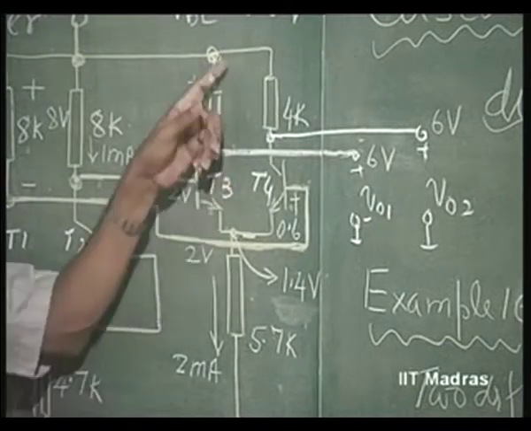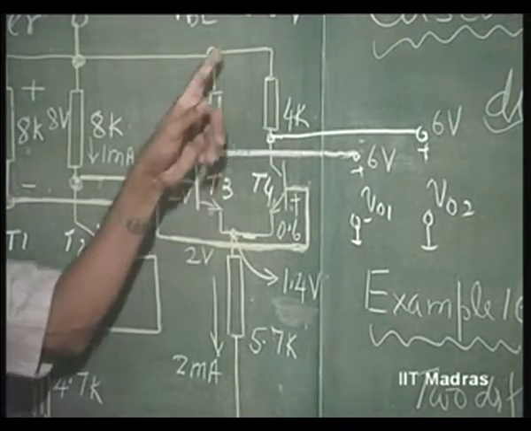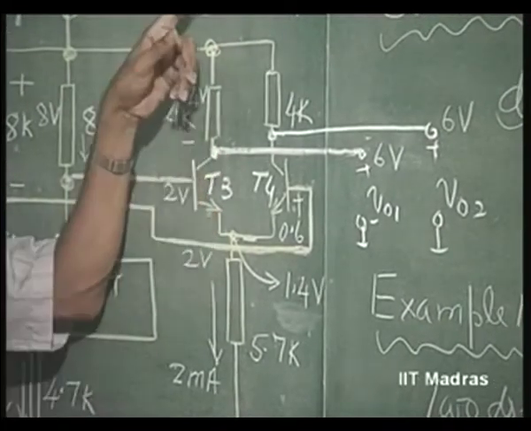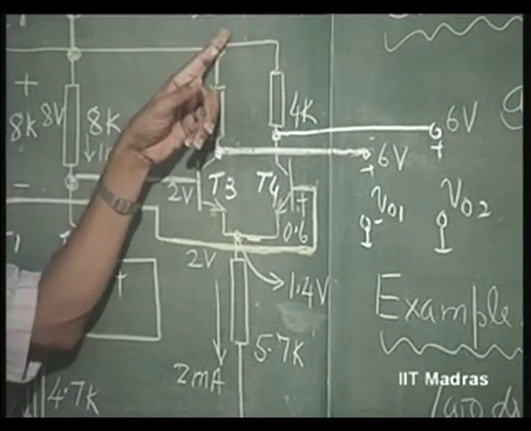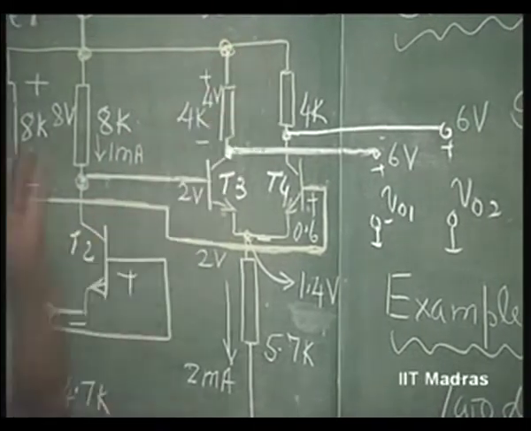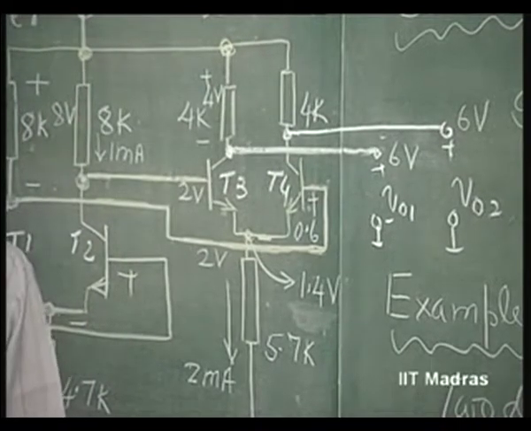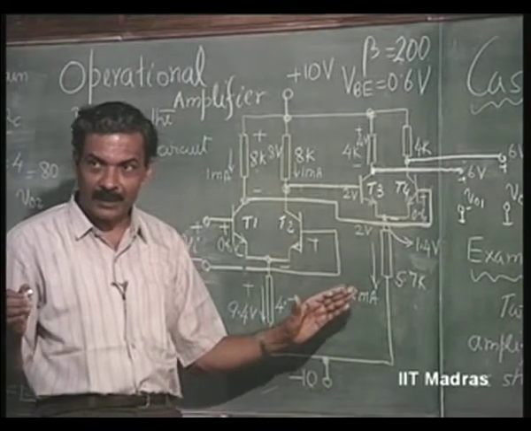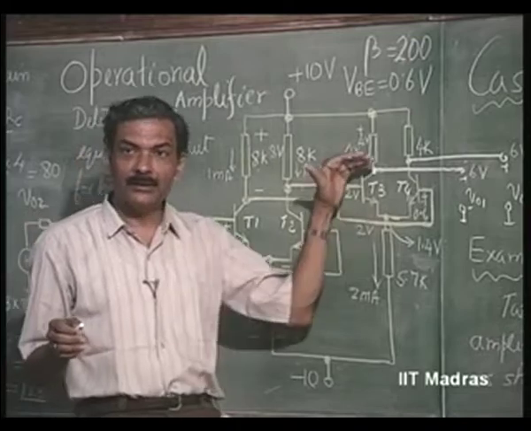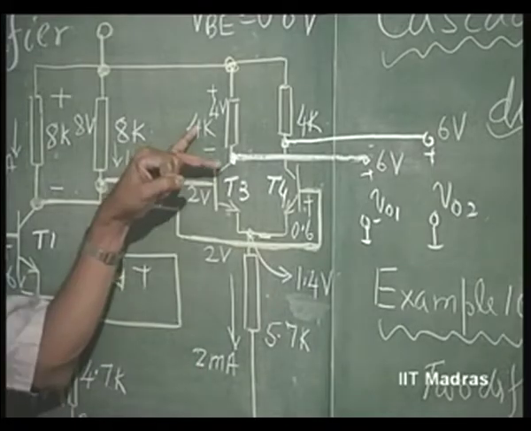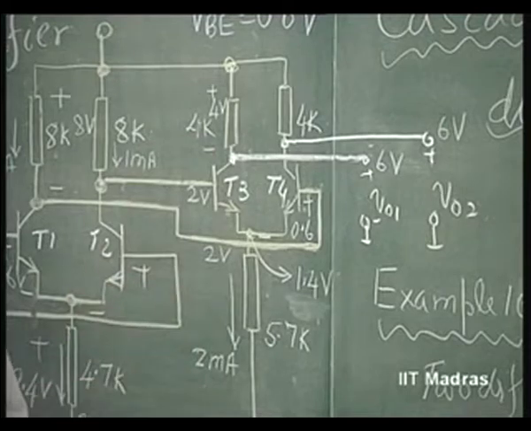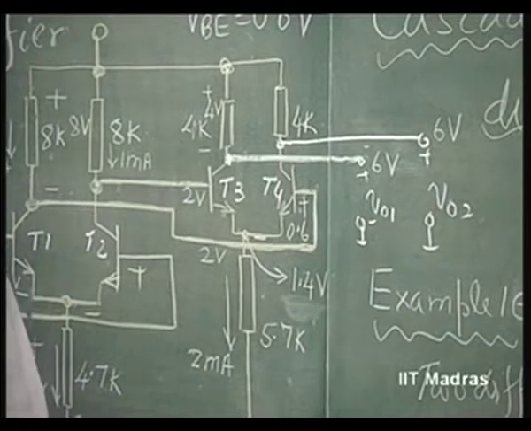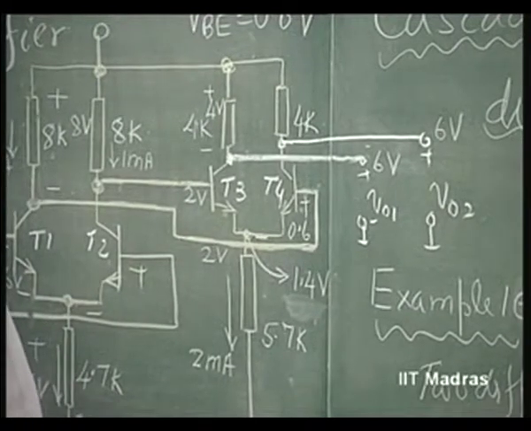There can be a drop of 8 volts here when this is 10 volts, so that this can go to 2 volts on one side and go to 10 volts on the other side, 2 to 10 volts. That means, a peak to peak swing of 8 volts is possible. That is easily found out by remembering our swing discussion in differential amplifier, which is simply I naught into R, 4 kilo ohm into 2 milliamperes. So, that is the peak to peak swing for the differential amplifier, 8 volts.